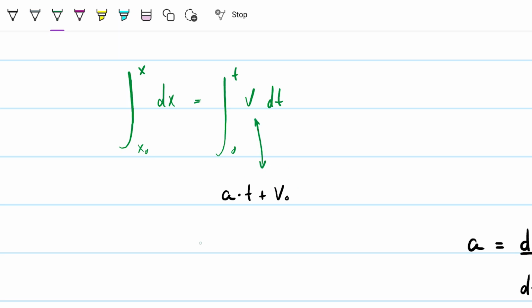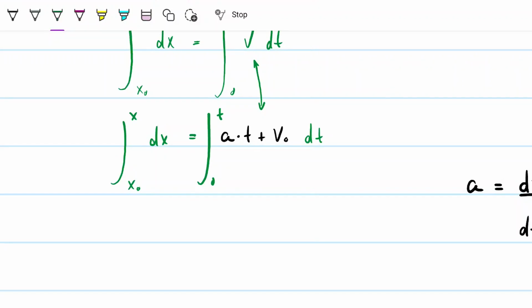So therefore, where I have v, I can substitute this thing, and therefore I'm going to have the integral from 0 to t dt equal to the integral from x naught to x dx. Once again, note that I'm already putting a boundary condition here. I'm saying that when my time is 0, my position is x naught, my original position.